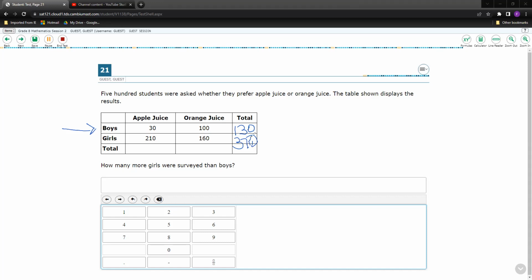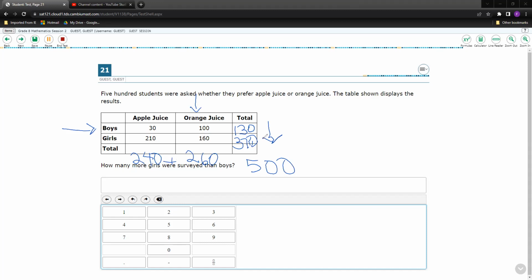And 210 and 30 is 240 on apple juice, and on orange juice is 260, my total. And whichever way I go, if I add 240 and 260, I get 500. And if I add 130 and 370, I get 500 as well.